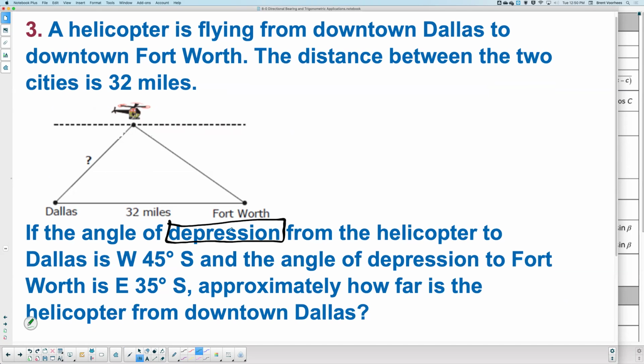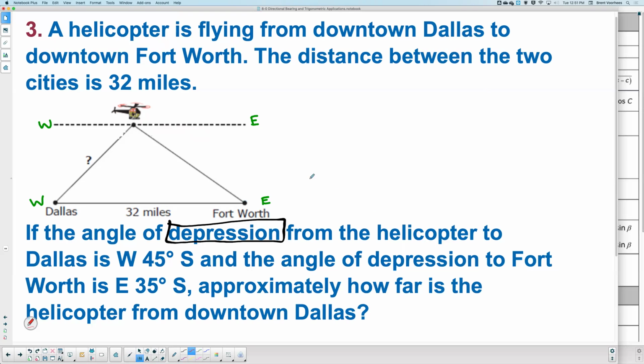This means if you see depression or elevation for that matter, elevation would mean up, from a line that's east-west. So you see how this line's east-west? Go ahead, put an E and W, and the same thing on Fort Worth and Dallas, E and W. So we have two different east-west lines.